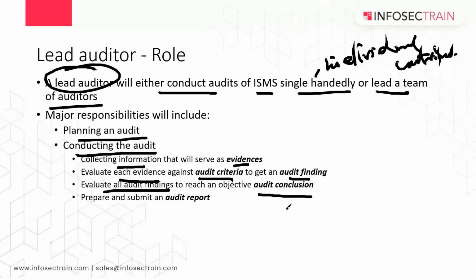And finally, the end product of an audit will be audit report. It is the responsibility of the lead auditor to prepare and submit an audit report, even if there are 3 auditors involved, 4 auditors involved, 7 auditors involved. The responsibility of preparation and submission of an audit report always lies with the lead auditor.